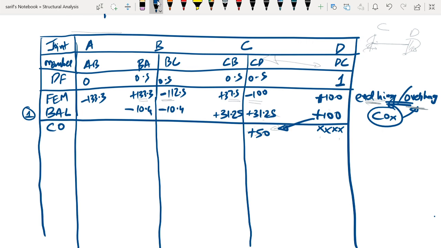We have applied minus 10.4 at B, so half of that will be carried over to C, that is minus 5.2, and we have applied plus 31.25 at C, half of that will be carried over to B. Half of 31.25 is 15.6, so plus 15.6 will come here. Similarly, in AB we have applied minus 10.4 at B, therefore minus 5.2 will be carried over to A.